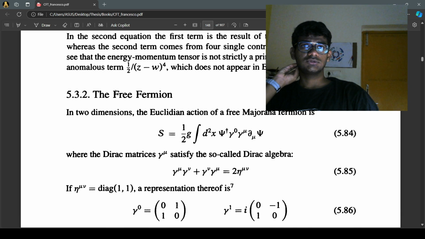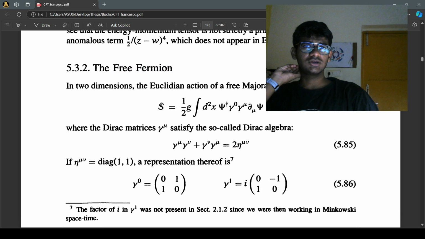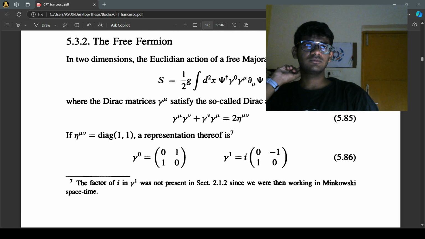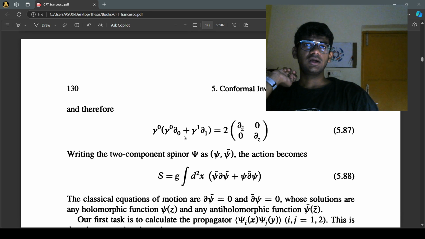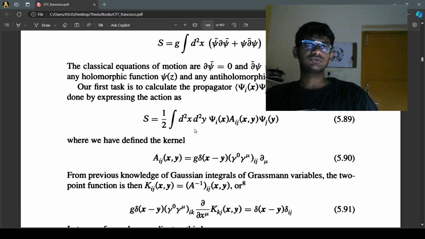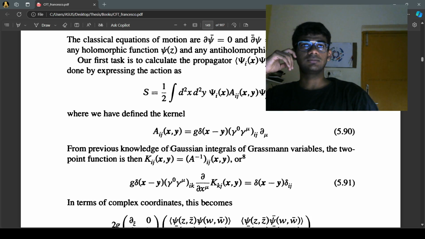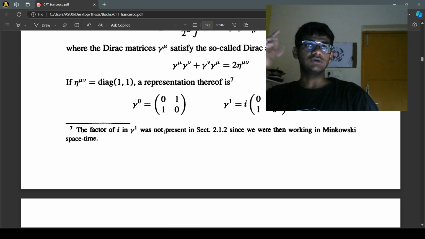And then you also look at the fermionic system, Majorana fermion, with this action given bilinear. This is the bilinear that we're considering here, and you do the same procedure, but here you got to apply some tricks.